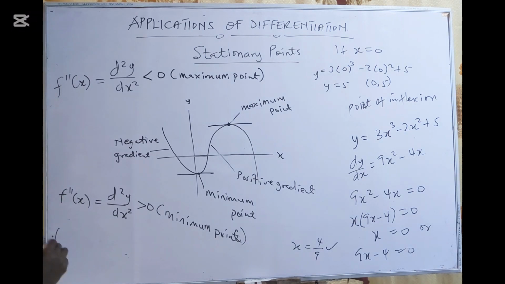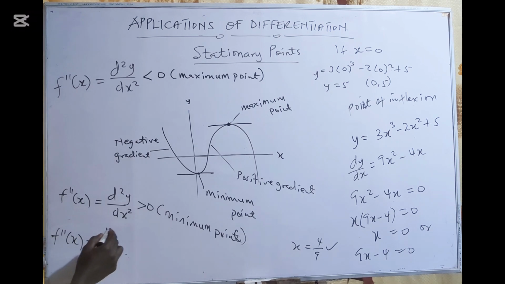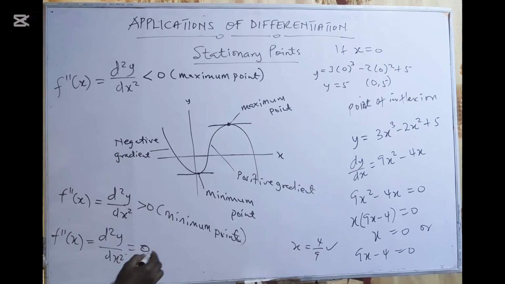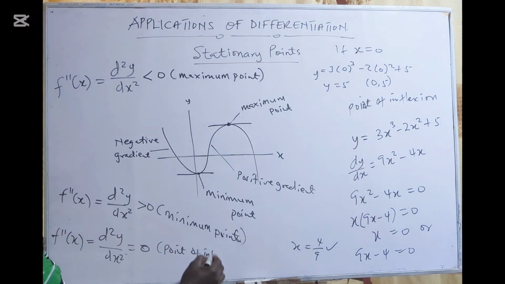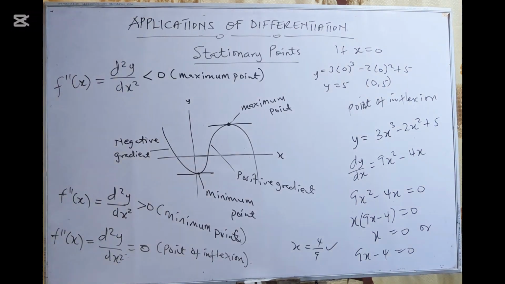But if you further differentiate and then the d squared y over dx squared is equal to 0, then it is the point of inflection. Okay. So if the d squared y over dx squared is equal to 0, then that is the point of inflection.